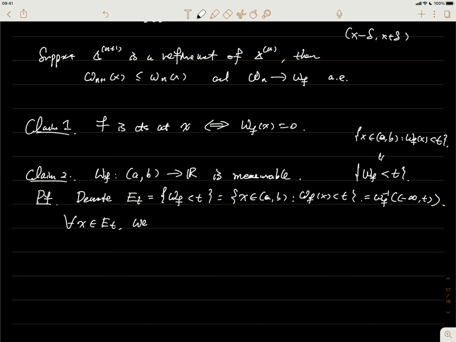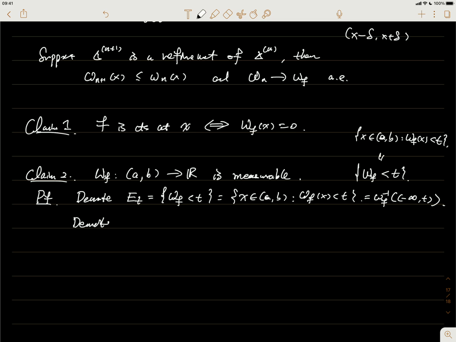So now for any x in E_t, because it's in E_t, we know that Wf is less than t. Recall the definition of Wf. It's the limit of this supremum. So let's first make a new notation.